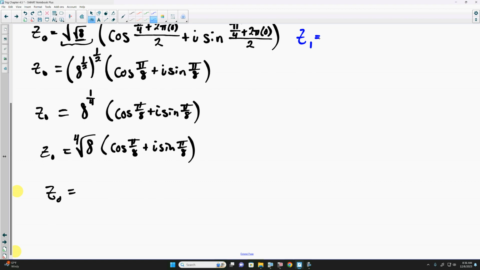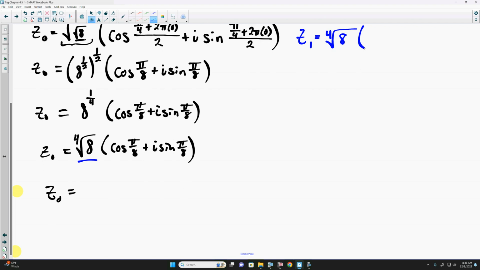But what is the square root of the square root of 8? Well, we already found it. It's the 4th root of 8. Yes? So we don't have to rewrite it as the square root of the square root of 8 anymore, because we know it's the 4th root of 8.